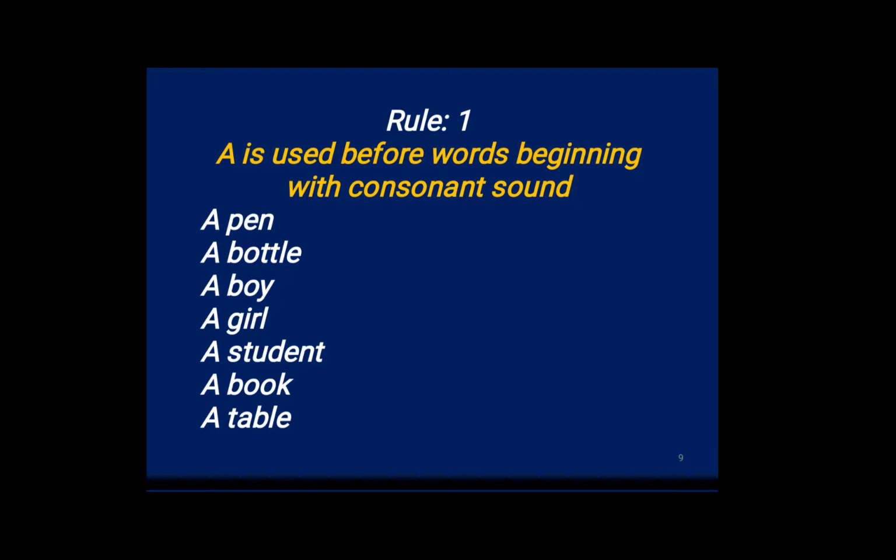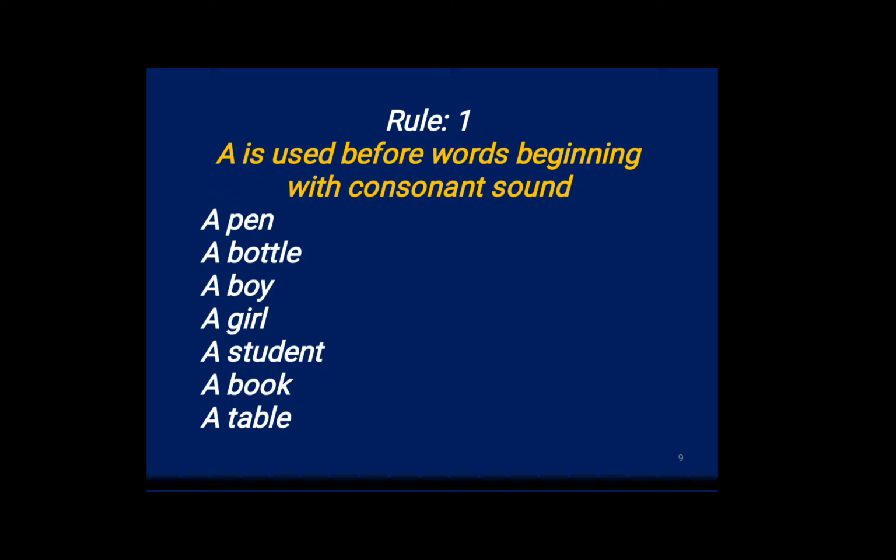You know we have different sounds, vowel sounds and consonant sounds. You know what vowels are. A, E, I, O, U we call vowels, and all the others we call consonant sounds. Now look here. I have written some words which have a consonant sound, like pen, bottle, boy, girl, student, book, table.